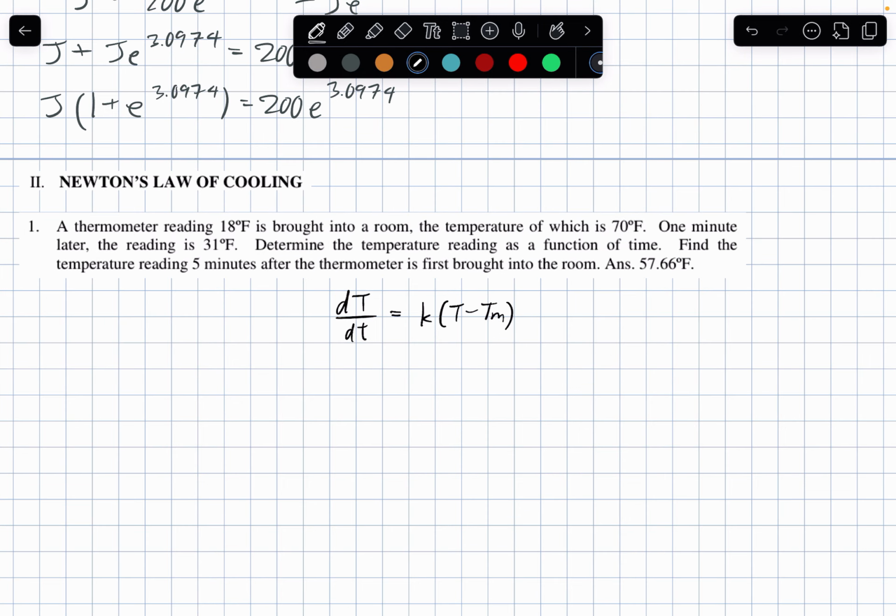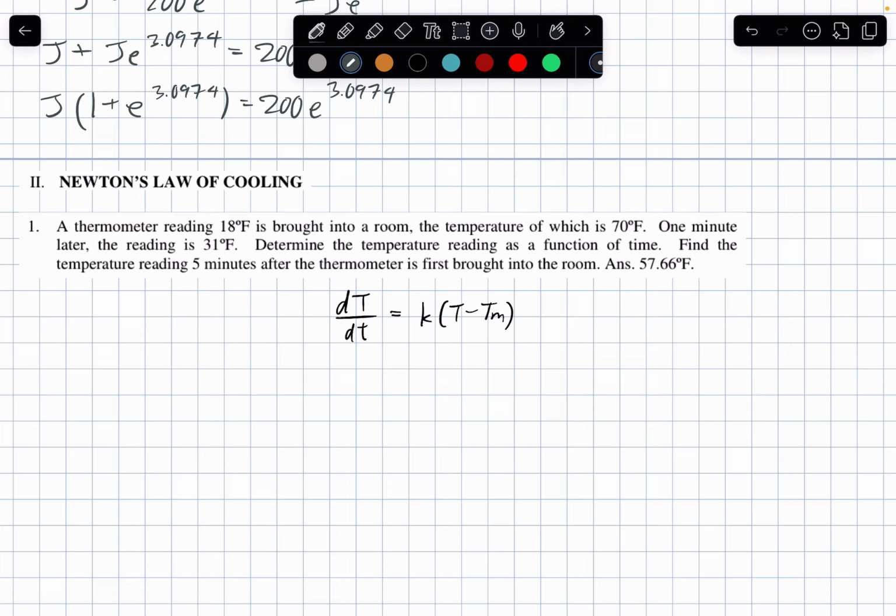Let me see if I still remember it correctly. I think that's the formula. Newton's law of cooling. Precisely, this is the formula.